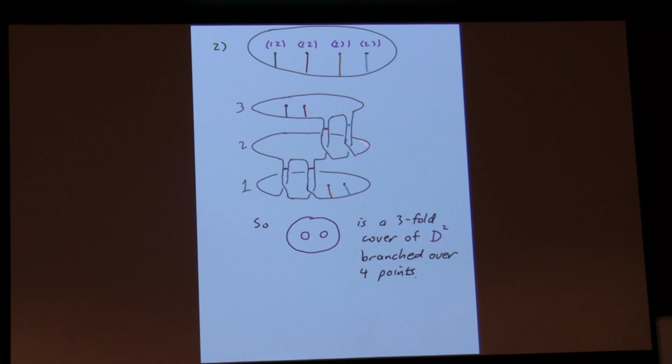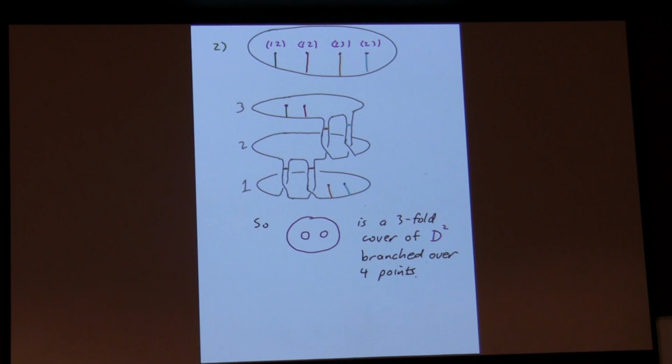And so when you build it, I won't go through all the steps, but I take the 3 sheets, and when I go around points 1 and 2, I connect sheets 1 and 2, and leave the third sheet alone. I just glue back up the cut. And then when I go around points 3 and 4, I connect sheets 2 and 3 and leave sheet 1 alone. And so you see I wind up getting a pair of pants as a threefold cover over D3 with branch locus 4 points. Okay?